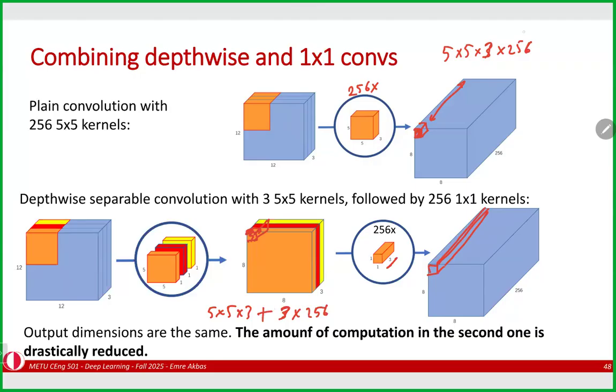Now compare this with that. It's drastically reduced. So this is commonly used when you want to reduce the number of parameters in your convolutional layers. Okay, depth-wise separable convolution followed by one point-wise convolution.